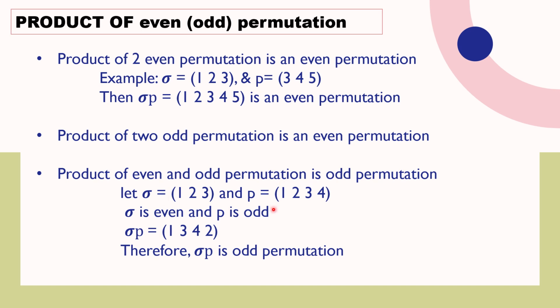So when you perform that, you will be getting an odd permutation. Try to perform this with the help of an example. Use the same example given over here, try to solve it, and you will be able to understand it much more clearly. If you still have doubts, type them down in the comment box below. I'll help you as much as I can.